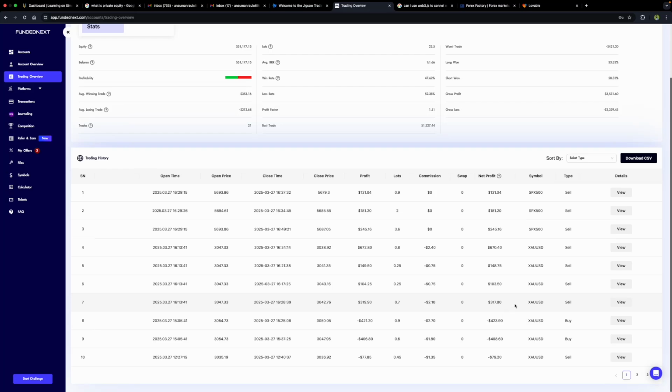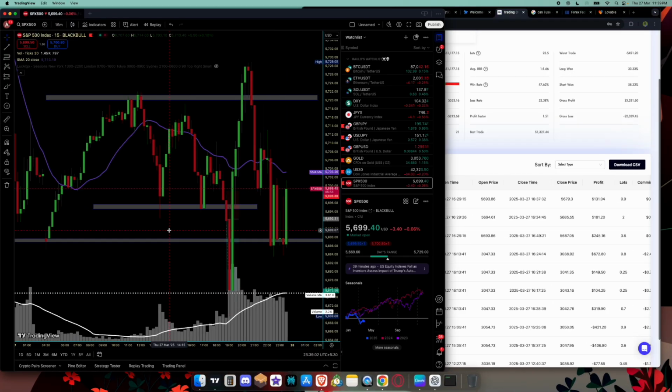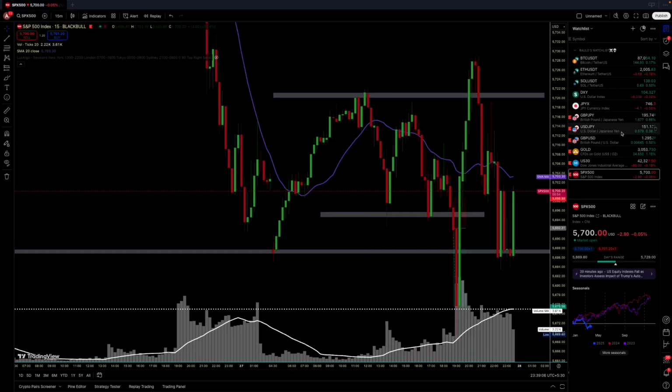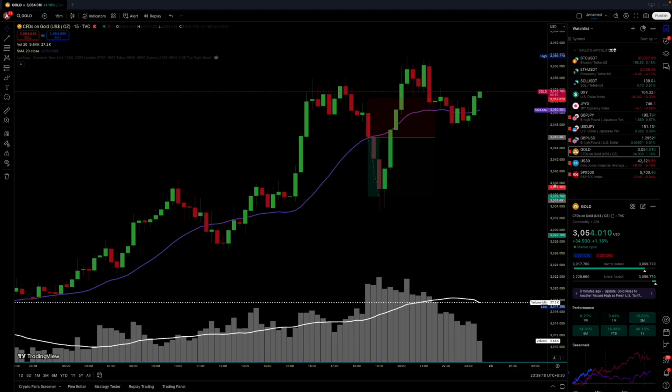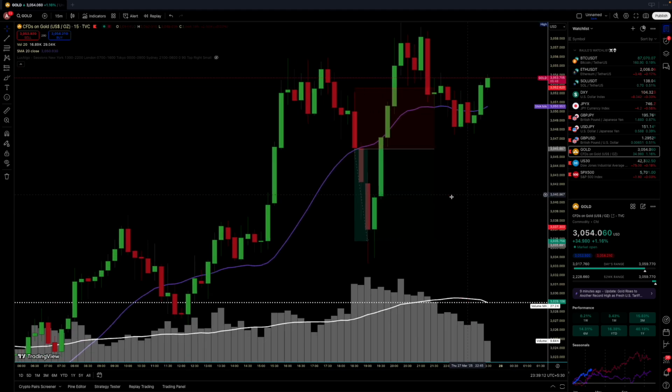Our next trade was also in XAUUSD, because we changed our bias. Let me show you in TradingView, that will be easy. This is the trade when we were bullish in XAUUSD.